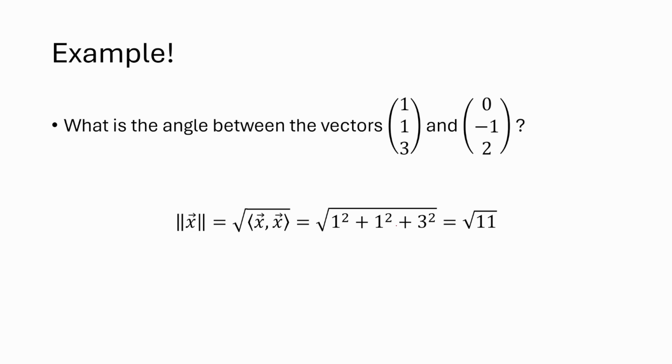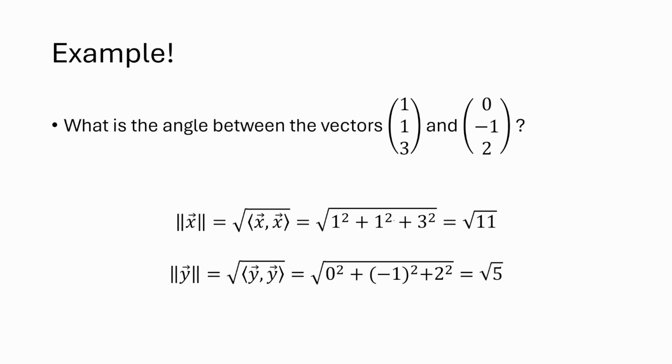This is Pythagorean theorem. And then we need the magnitude of y, so we do the same thing, 0 squared plus -1 squared plus 2 squared, and now we have the lengths of our vectors x and y. So here's x, and here's y.